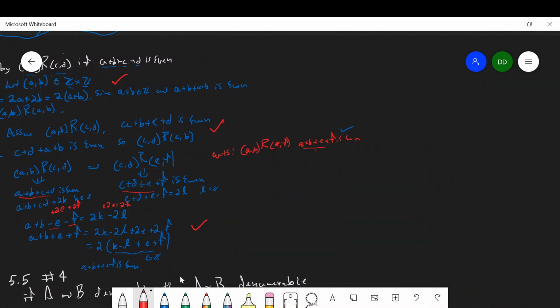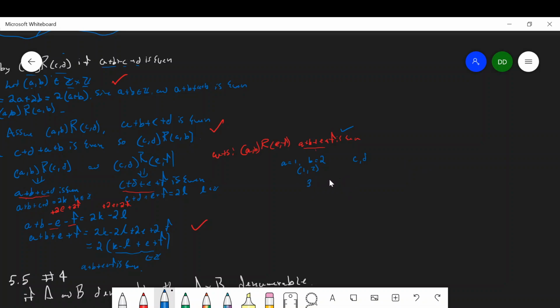So you might try just picking some values first. So let's let A equal 1 and B equal 2, something like that. We'll just pick two integers and see what the pair 1, 2 is related to. Well, I know that it's related to C and D if A plus B plus C plus D is even. So A plus B by itself is 3.